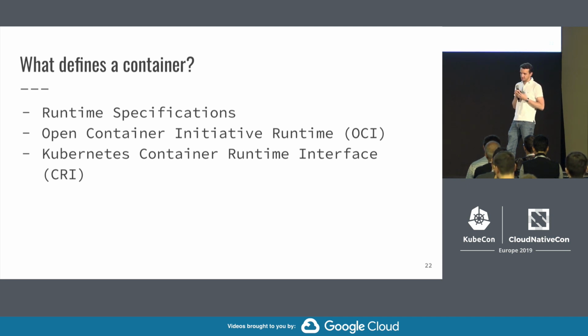As a matter of fact, most CRI implementations end up calling an OCI runtime eventually, so it makes sense to look at only the CRI. So what we're going to do now is look at the CRI specification and try to map that to actual hardware virtualization requirements and technology, to understand what we need to implement in a Kubernetes-specific VMM.